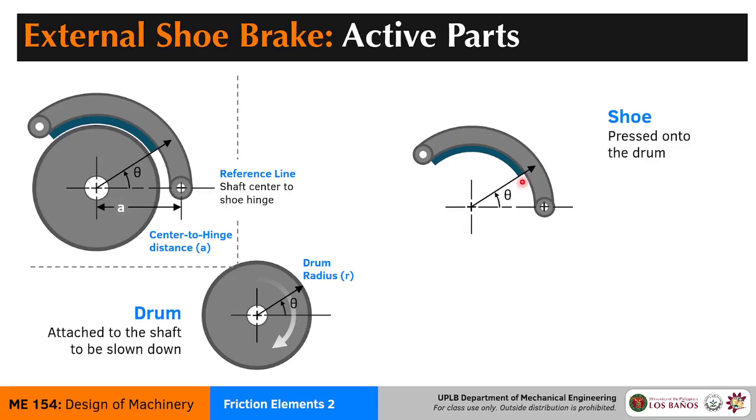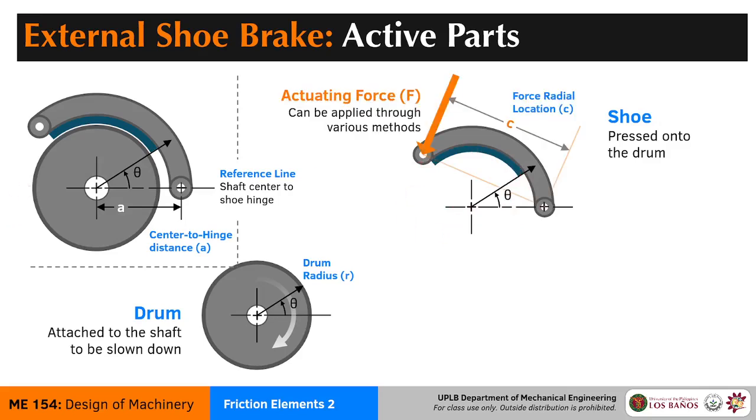So when we want to measure the contact area, it is usually defined using the drum angle theta. However, we do have to note that the shoe brake is also rotating. So the shoe brake has its own shoe angle, phi. At this point, we can just label it phi. So there are two angular coordinates happening right now.